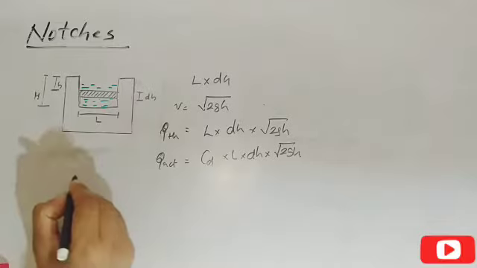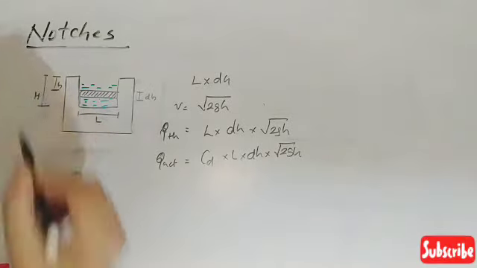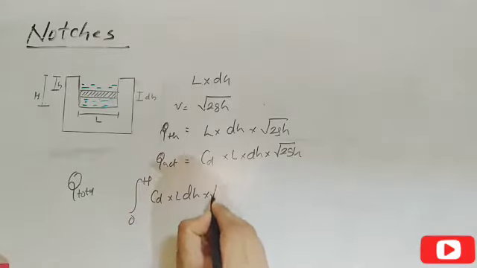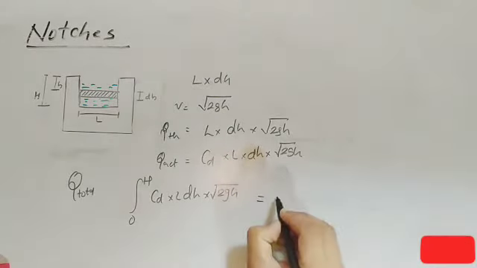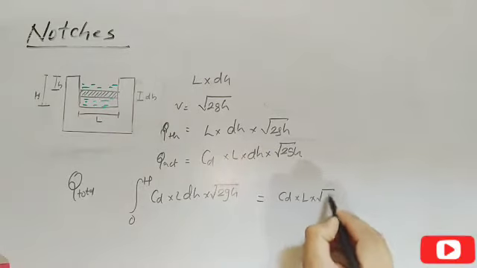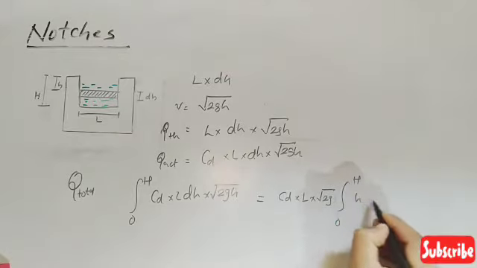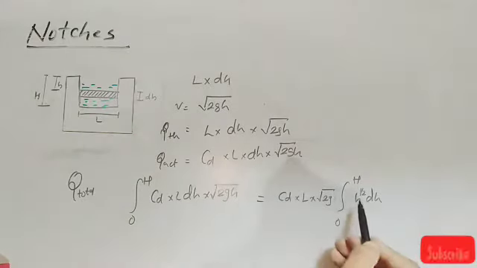Now the total discharge Q total for the complete notch is obtained by integrating the actual discharge through the elemental strip between the limits 0 and H, because the head ranges from 0 to H. Therefore, integration from 0 to H of CD into L into root 2g h dH. I take only the 2g out, and integrate h into dh, where the root is nothing but raised to the power half.